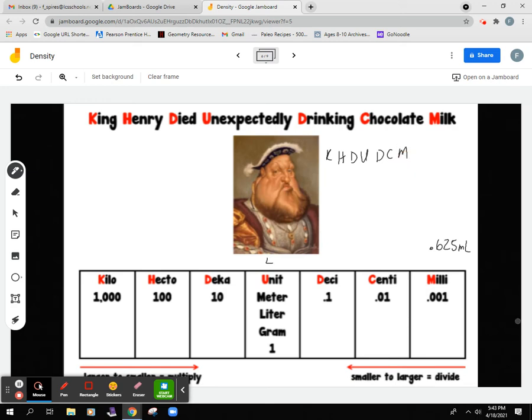Then I start at milliliters and move left 1, 2, 3 to units, because I know that's where liters, meters, grams are. Since I moved left 3 there, I will move my decimal place left 1, 2, 3. So 0.00065.